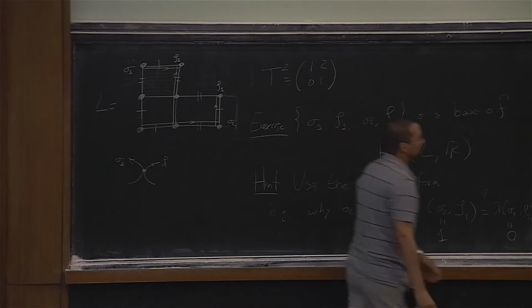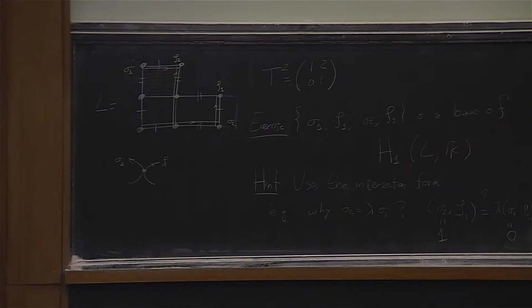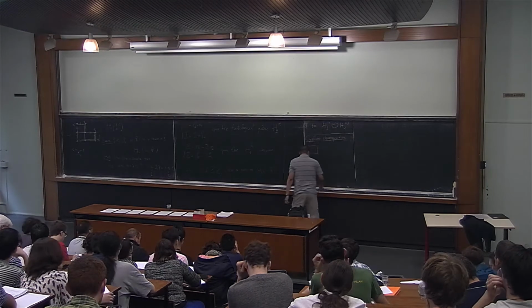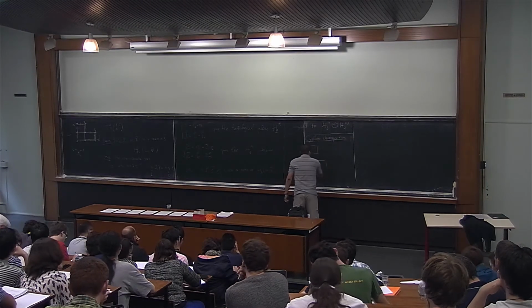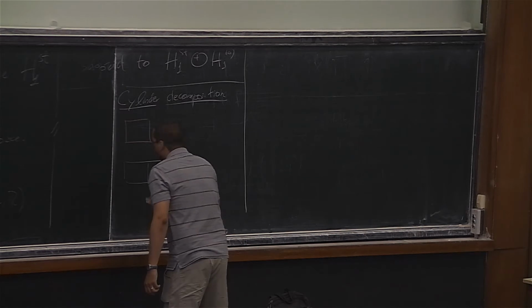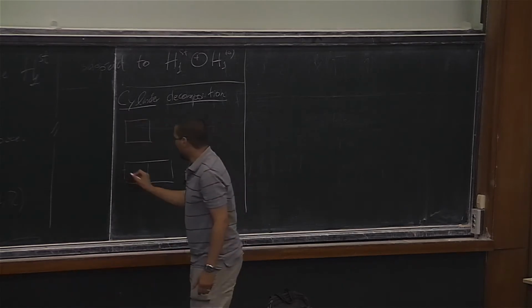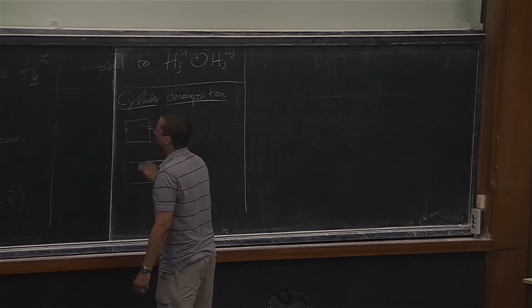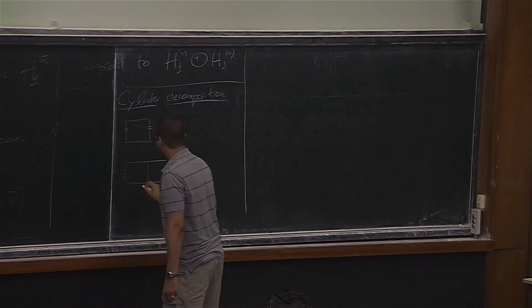So there is one cylinder, which is the red cylinder, which is just a square. And there is another cylinder, which is the white one, which is actually this thing here. Okay, so there are two cylinders. So I'm just decomposing my surface into two pieces to analyze it better.